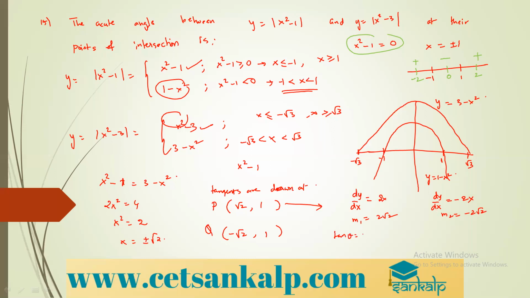So tan theta is absolute value of m1 minus m2 by 1 plus m1 m2, that is minus 8, or this is 4 root 2 by minus 7. That means theta acute angle will be tan inverse 4 root 2 by 7. This is how you will find the acute angle.